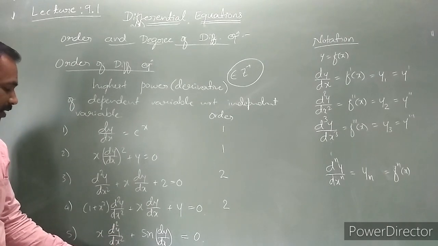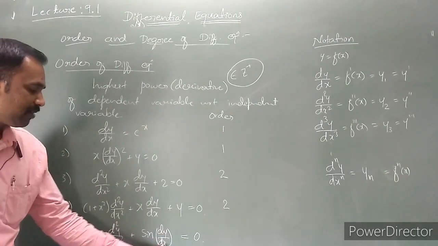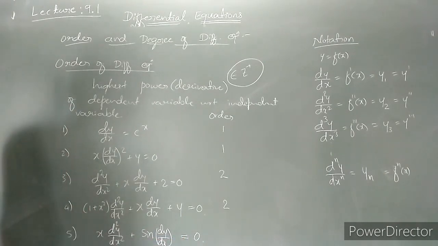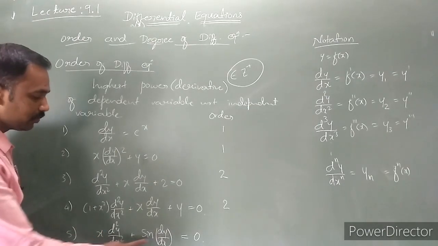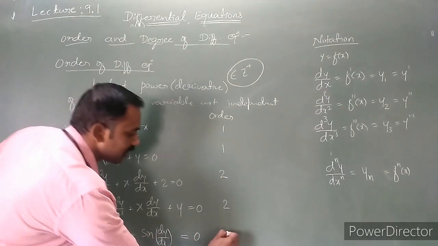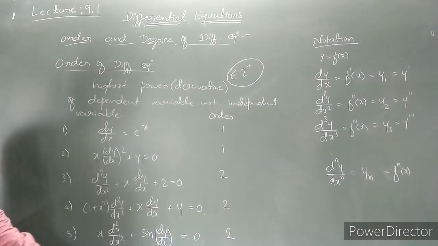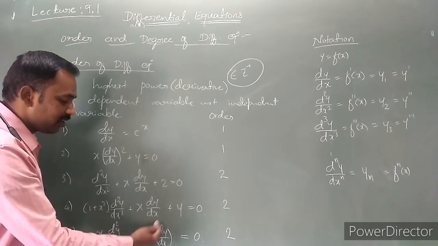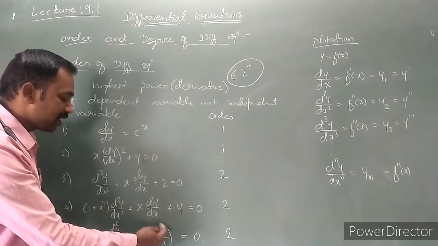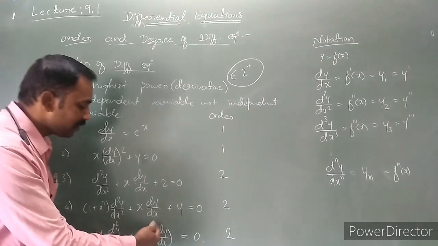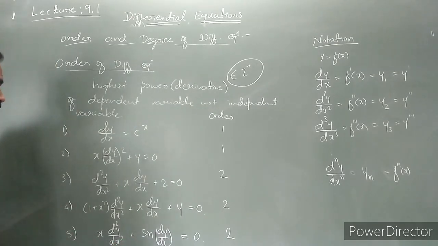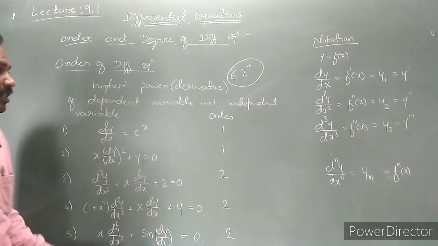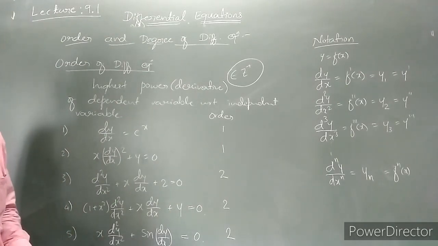The highest order of the derivative is 2. Here 1, here 2. Obviously it is a differential equation, nothing to worry about. Instead of the angle being x, they have taken a first derivative as the angle. So this is also a differential equation, and the order is written in this manner.